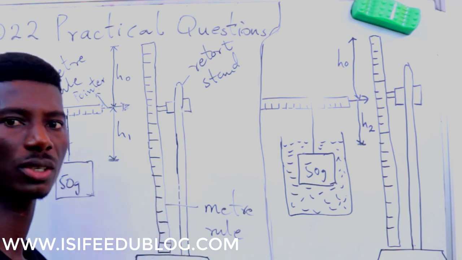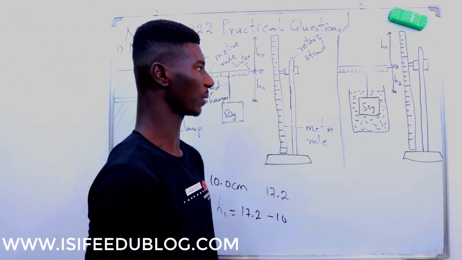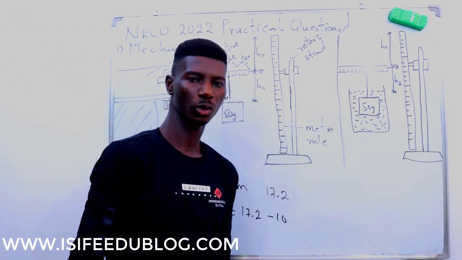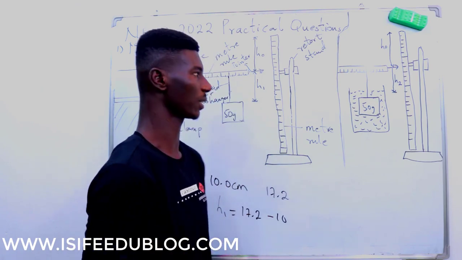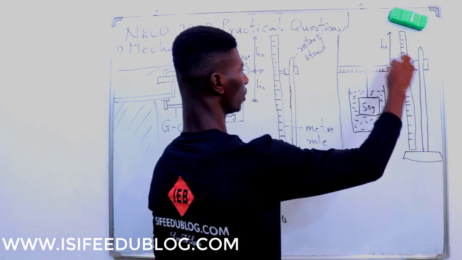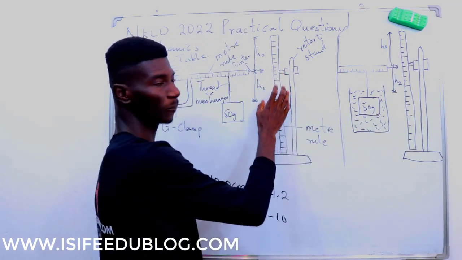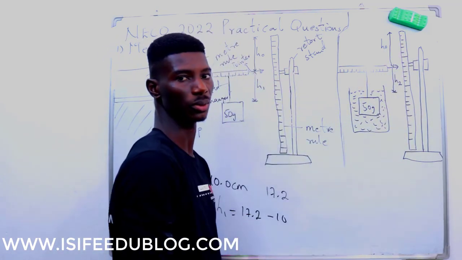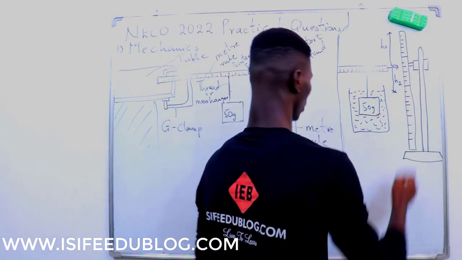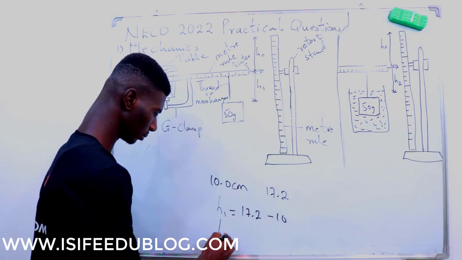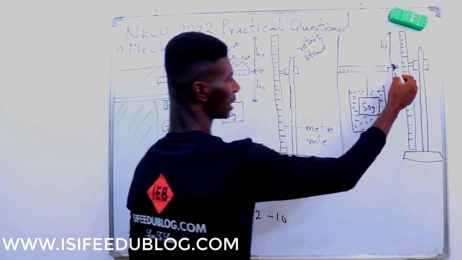So this practical is based on what? Archimedes' principle and the principle of flotation. So make sure, go and learn how to solve questions and how to state the Archimedes principle. The same way you calculated H1 is the same way you are going to calculate H2. So how do you calculate H2? Once this comes down a little bit, your H2 will be anything you get.